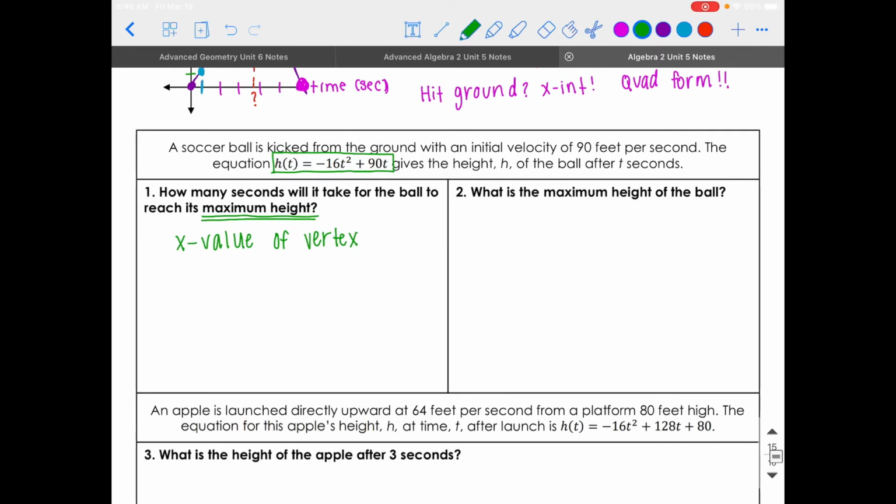So we are using the formula negative b over 2a. So look at your formula. Your b value is 90. So this would be negative 90 over 2 times negative 16. And we get 2.8 seconds.